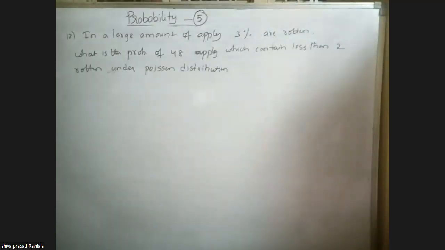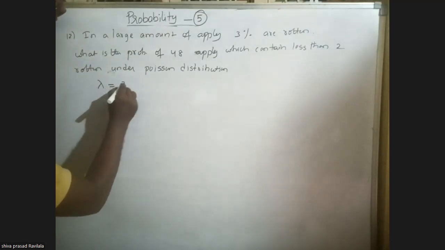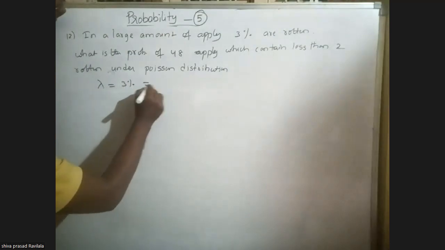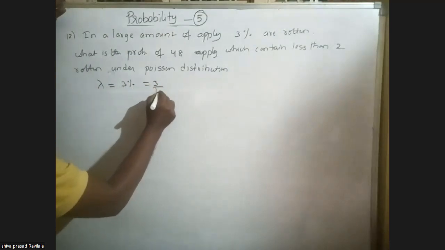What is lambda? In a large amount of apples, 3% are damaged, so p is 3 by 100.